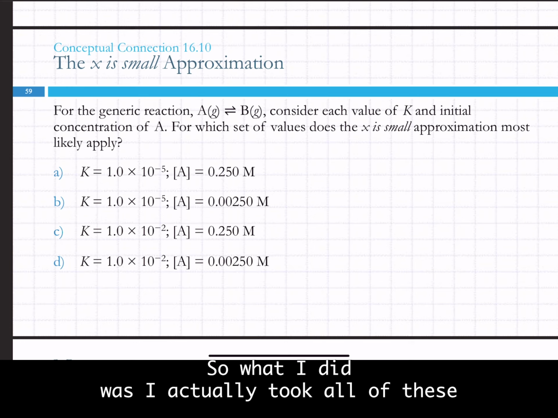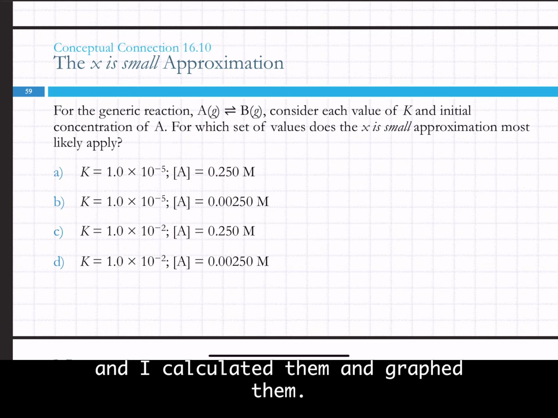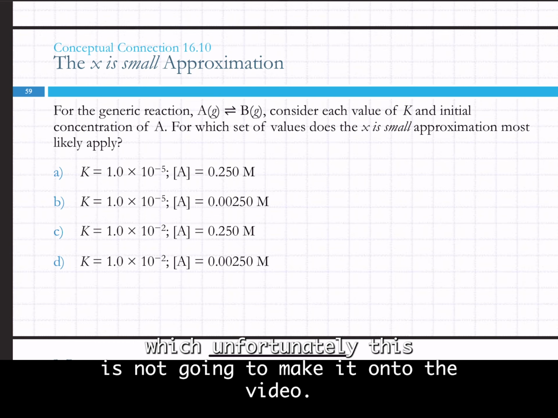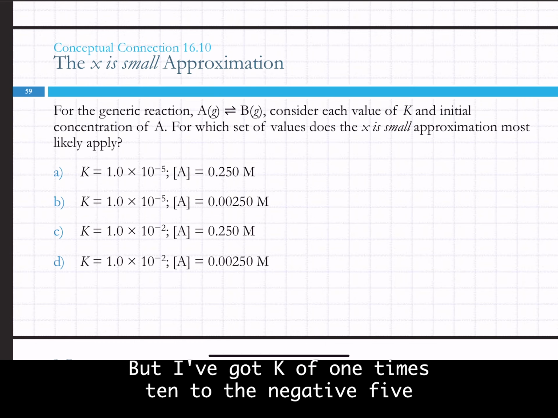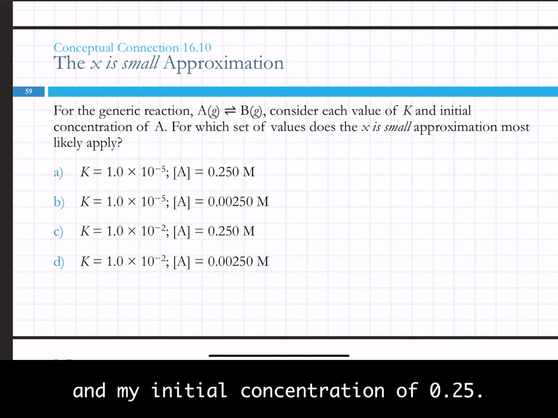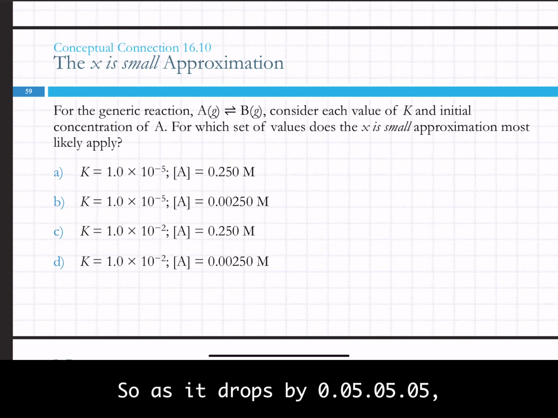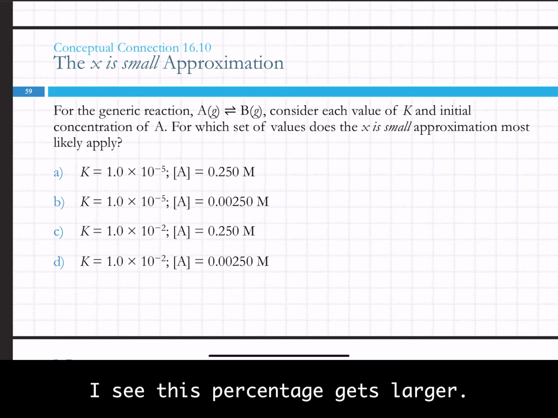So I took all of these, calculated them, and graphed them. Unfortunately this is not going to make it onto the video, but up here I've got K of 1 times 10 to the negative 5 and my initial concentration of 0.25. What happens as that concentration decreases? As it drops by 0.05, 0.05, 0.05, this percentage gets larger.